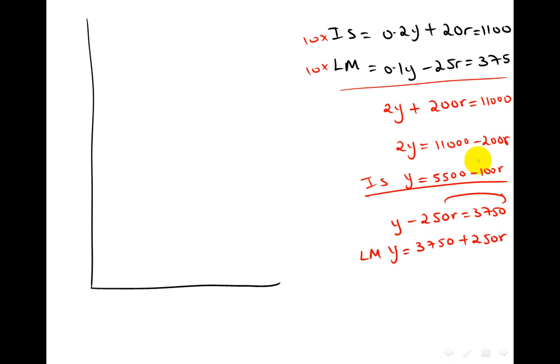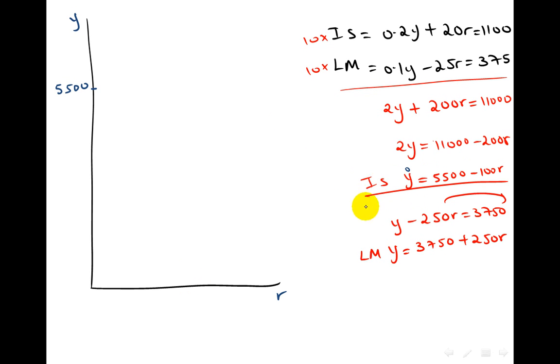Now you already know that our IS would be a negative because it has a negative slope here. So first put the 5,500. Of course this will be our Y and this would be the R. So let's say you have 5,500 here, and it will go down. So if it goes down, you have another point on this line. To find that other number, what you are going to do here is plug instead of y 0. I'm talking about the IS, plug here 0.